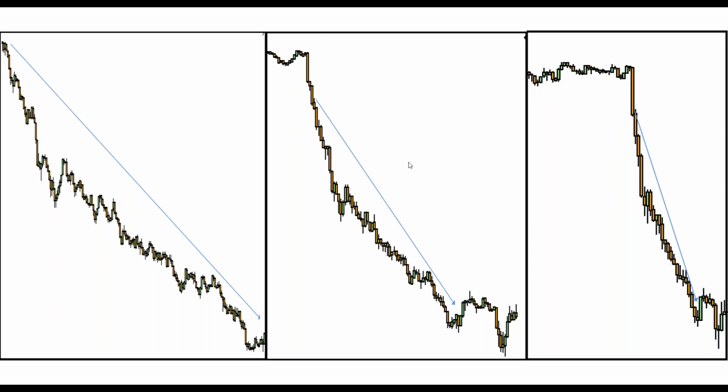Now, this is the same blue line on 3 different charts. And I purposely did not put in a time frame, and I purposely did not put in a financial market, because the time frame and the financial market are irrelevant.